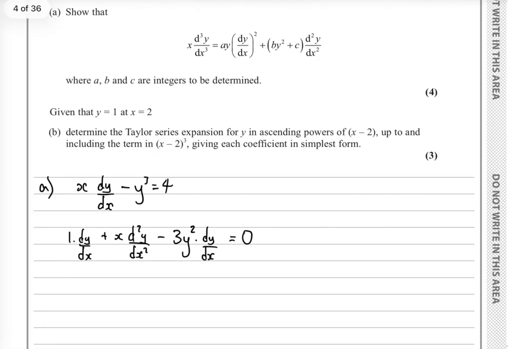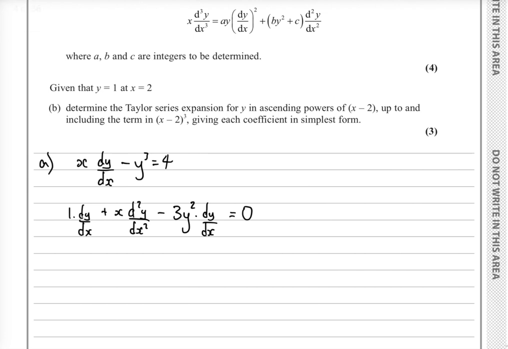Now we go again because we need a third level of differentiation in here. So this is just the second derivative. And product rule again here. So differentiate x, leave the second derivative alone. Then leave the x alone, and there's our third derivative coming in.